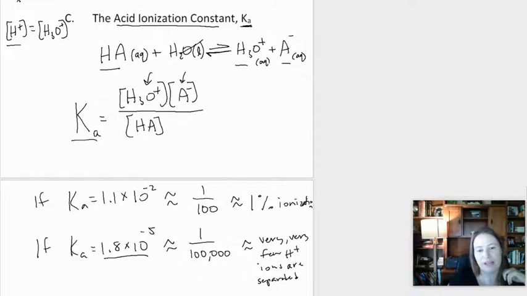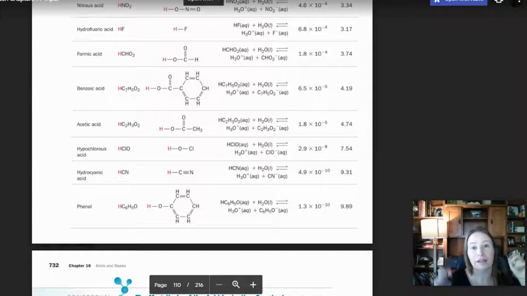If you have a bigger Ka, which this is not a huge number, but it's definitely bigger than this one, a bigger Ka means you have more H plus. They're ionized more than they are staying together. Okay, so we can judge how strong an acid is by its Ka value.